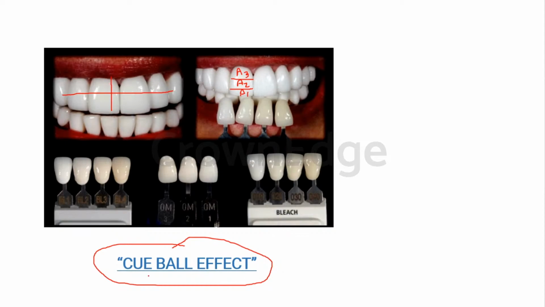Cue ball is the same ball which is used in your snooker, right? When we all play snooker. So ideally, if you choose different shades, like you can see here, different levels of white for different shades, and you match it perfectly, the cue ball effect does not arise. So this is with regards to the shade matching, which you all have to be careful about.